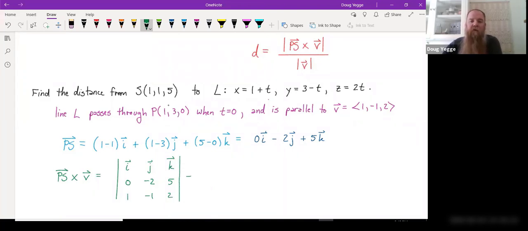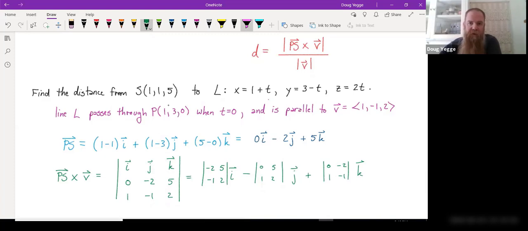And now when I work through this process in the i direction, we're taking the determinant of negative 2, 5, negative 1, and 2, minus, now in the j direction, cancel out that column and we're left with 0, 5, 1, and 2, plus, and now in the k direction, cancel out the k column, and we're left with the determinant of 0, negative 2, 1, and negative 1.